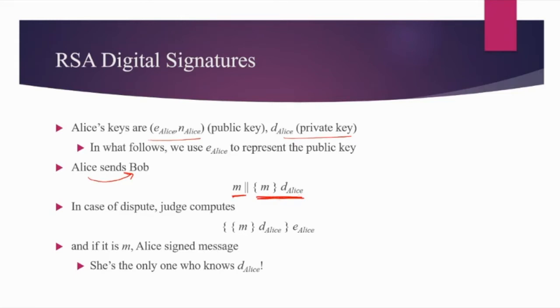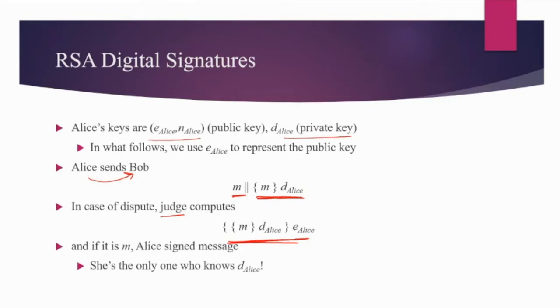If there is a dispute or any problem, then the judge can decrypt the message using the public key of Alice. And this is what we want. If there is a dispute, the third party can validate things without having the private key of the sender or receiver. So this is how the RSA algorithm is used to create the digital signature.